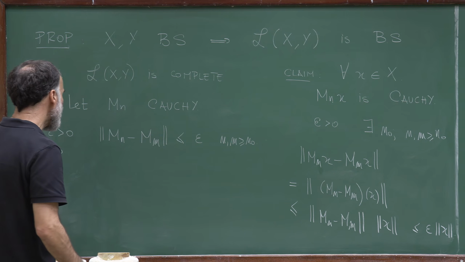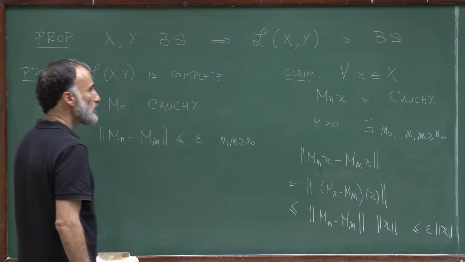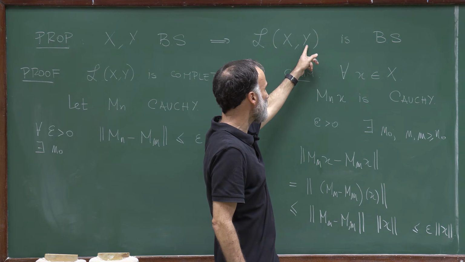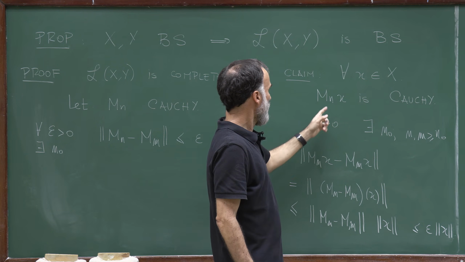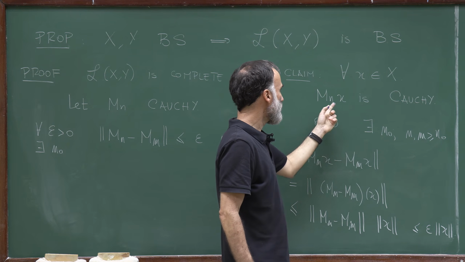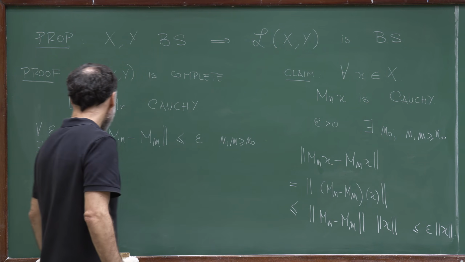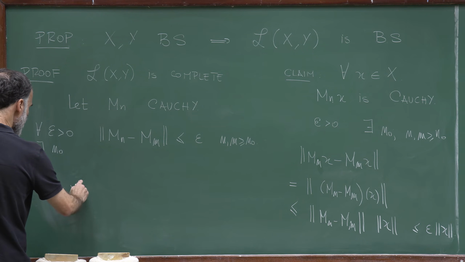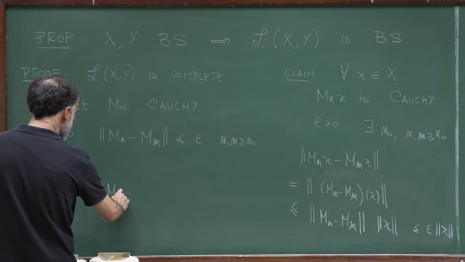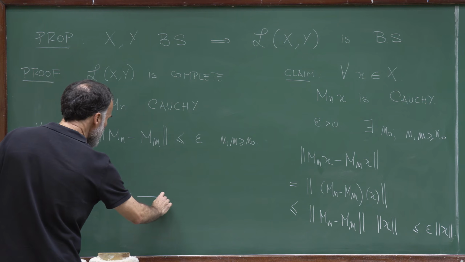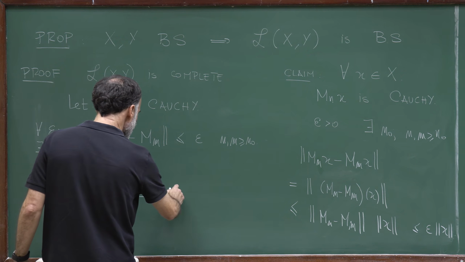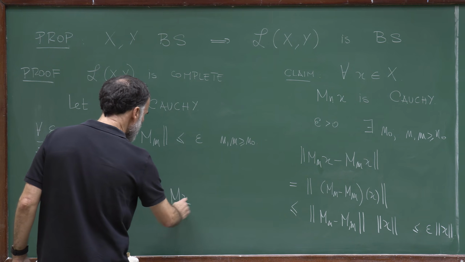So what we know up to now is that since our space Y is complete, it's a Banach space, Mnx is Cauchy, and therefore it converges. So we know that for all x in X, Mn of x converges to a limit, and I will represent this limit by M of x.